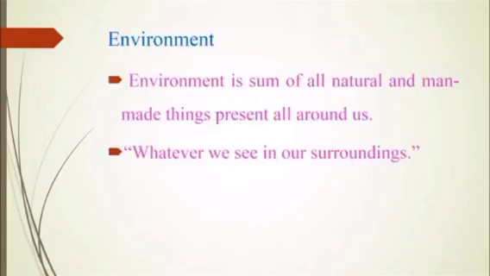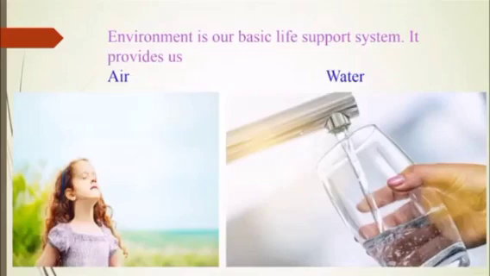First, let us see about environment. Environment is the sum of all natural and man-made things present all around us. In other words, whatever we see in our surroundings is called environment. Environment is our basic life support system.